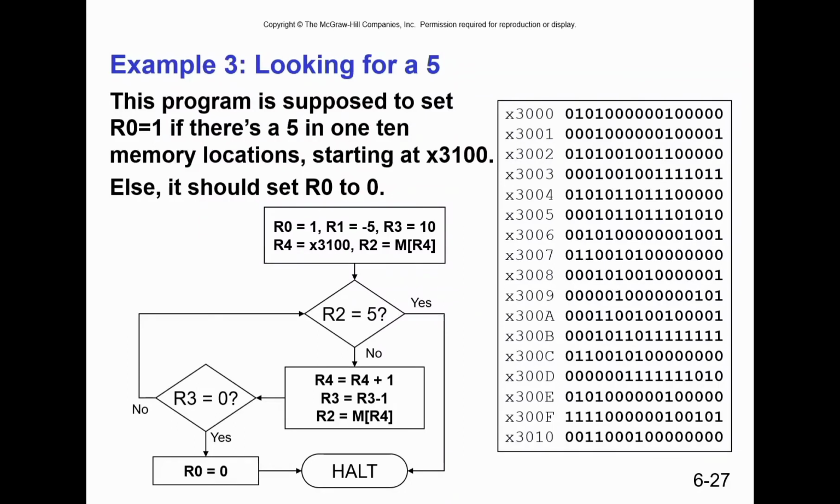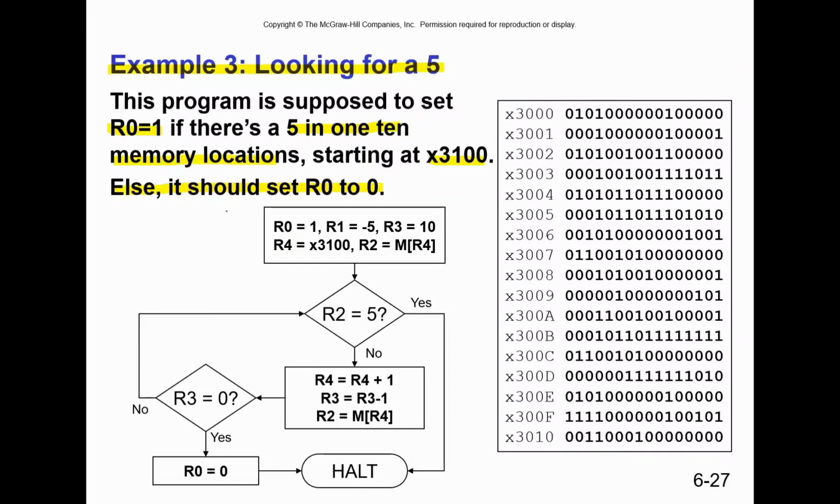For example 3, looking for a 5. This program is supposed to set R0 equal to 1 if there's a 5 in 10 memory locations starting at x3100, else it should set R0 to 0.